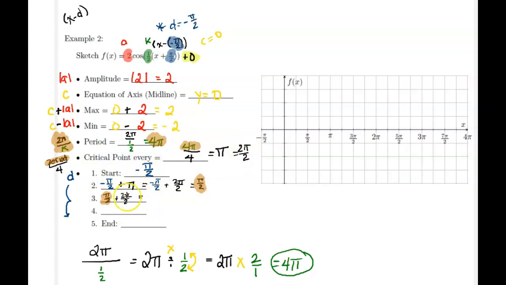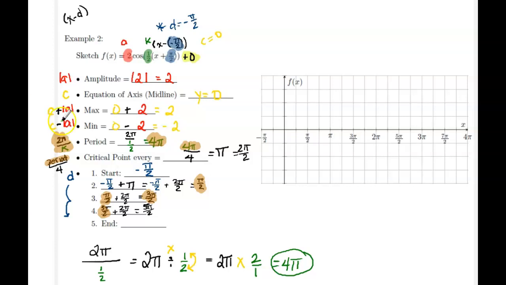Adding those together gives me 3 pi over 2. Then I take that new value and add another 2 pi over 2 to get my fourth point, so 3 plus 2 gives me 5 pi over 2.